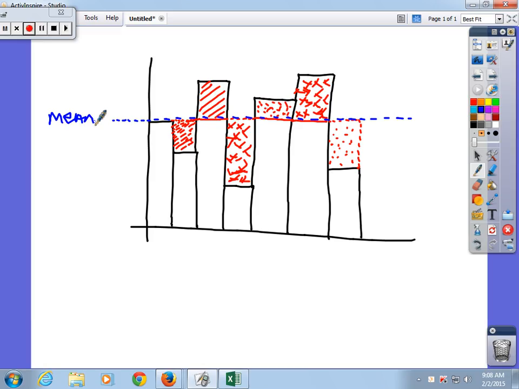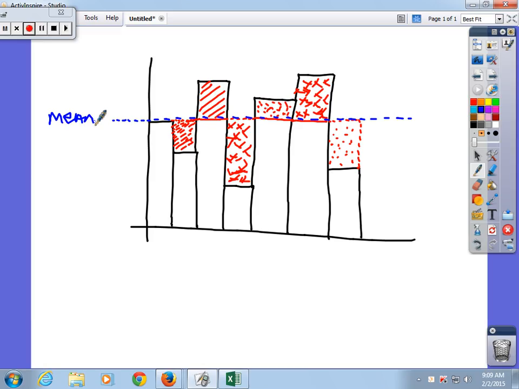If you were to take off all these things that are above the mean and chop them off and stuff them in these little gaps right here, that would represent this blue line right here, which is the mean. That's the number that would happen if you could do this. Now you know what the mean is.